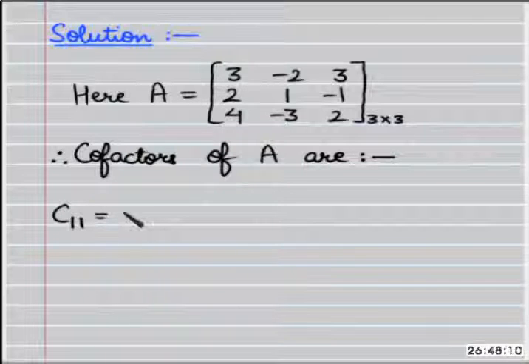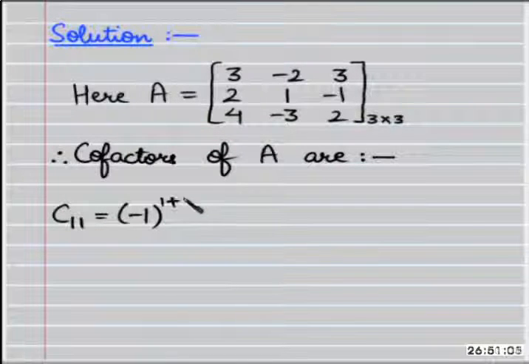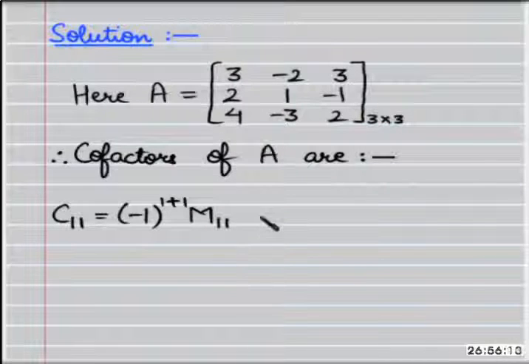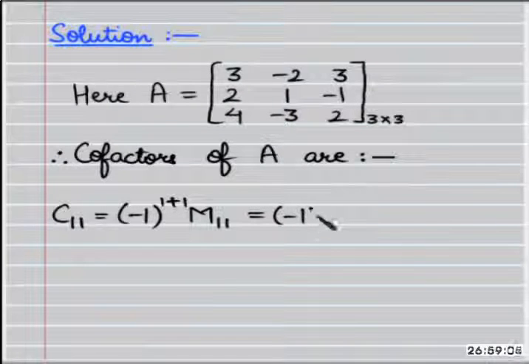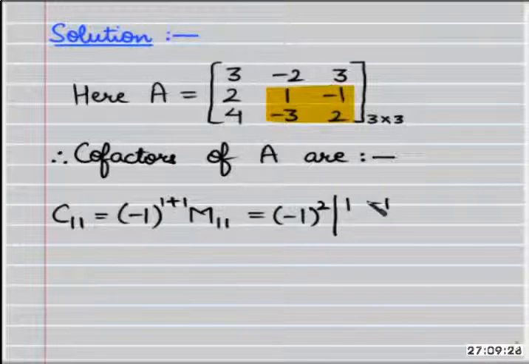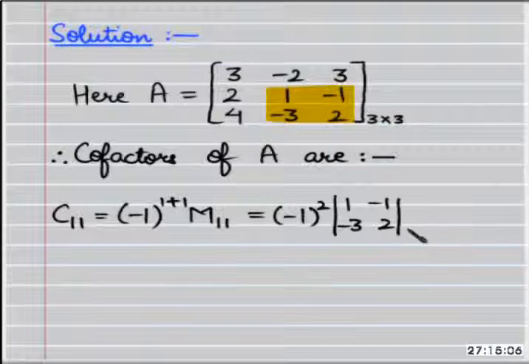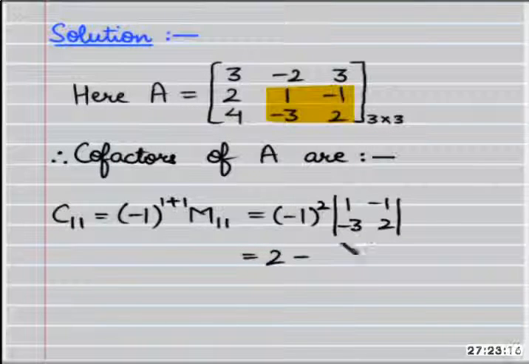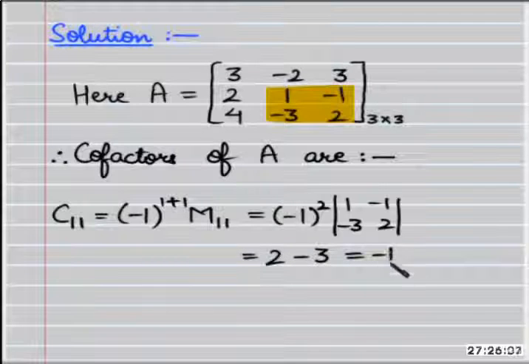C11, which is equal to minus 1 raised to the power 1 plus 1 into M11, will be equal to minus 1 raised to the power 2 into determinant, whose first row elements are 1, minus 1 and second row elements are minus 3 and 2. On solving, it will be equal to 2 minus 3, which is equal to minus 1.